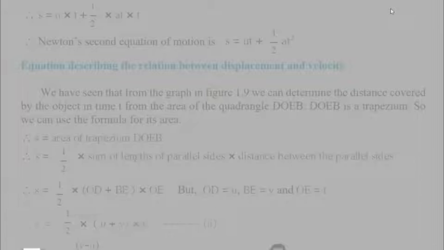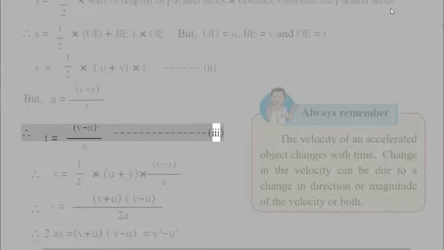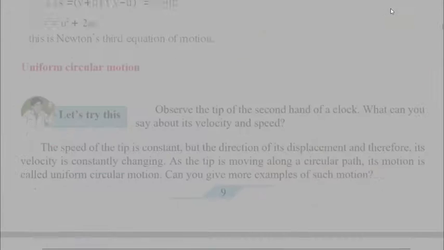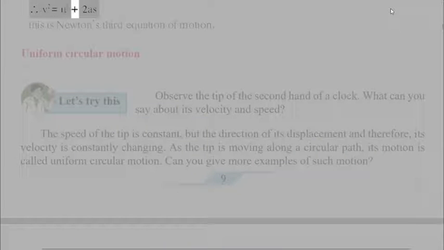But v equals u plus at, so t equals (v minus u)/a. S equals 1/2 times (u plus v) times (v minus u)/a, so 2as equals v squared minus u squared, that is v squared equals u squared plus 2as.